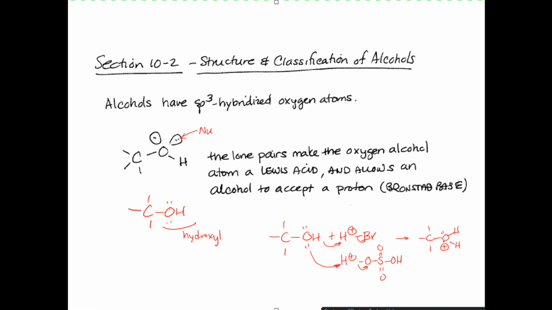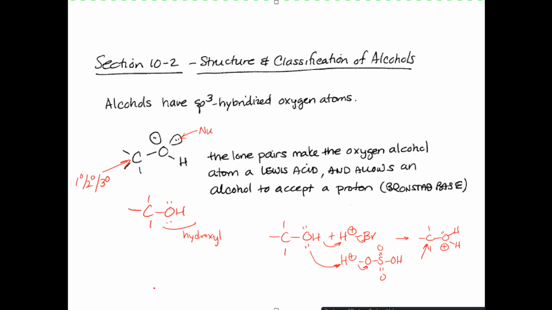Now once we protonate that OH group, whether the water leaves or not is dependent upon what type of carbon the OH group was attached to, and now the oxonium ion is attached to. So we classify this carbon as either primary, secondary, or tertiary. Remember, that's totally based on the number of carbons that are attached to that carbon.